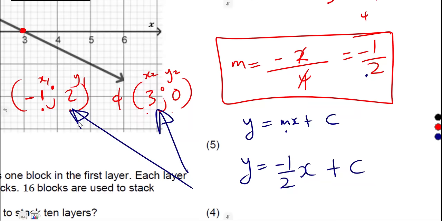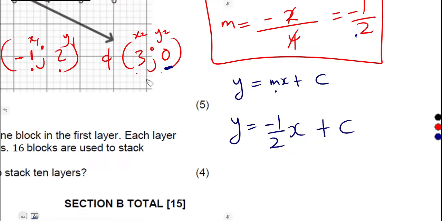But you can see the best point is where there's a 0 for the y value, because you're not going to have a lot to simplify. So I'm going to use that second point. I'm not saying if you use the first one, it's going to be wrong, but I'm just going to use the second one. It's easier because y is 0 there.